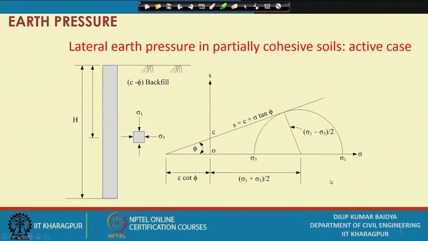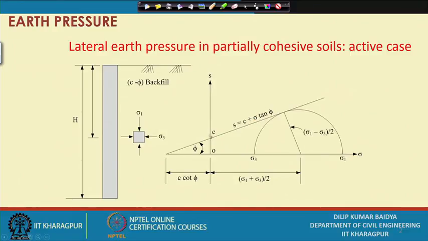So, let me see the first slide here. You can see this is the backfill and this is the wall, and we are considering a vertical wall for the time being. At any point there is sigma 1 and sigma 3, and if it is C-phi soil, then the shear strength envelope equation will be s equal to C plus sigma tan phi.